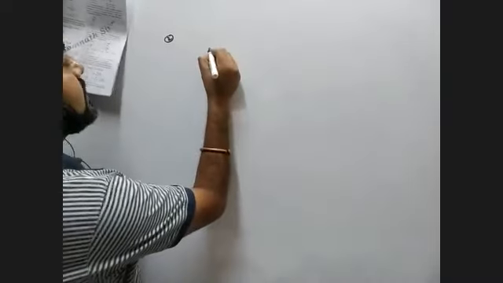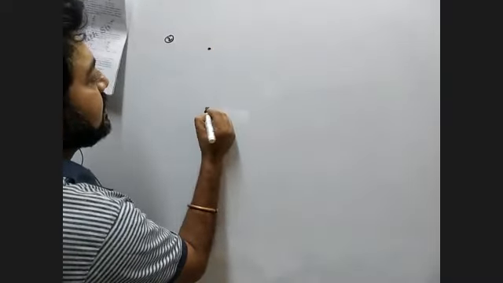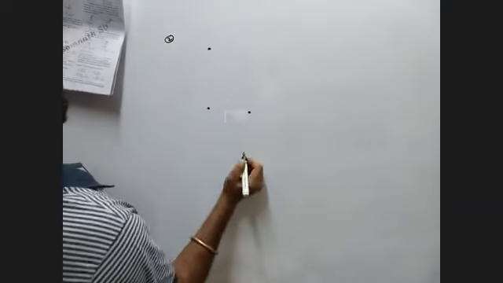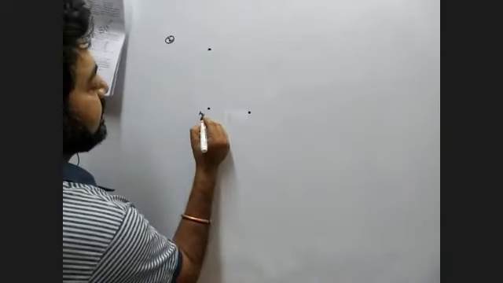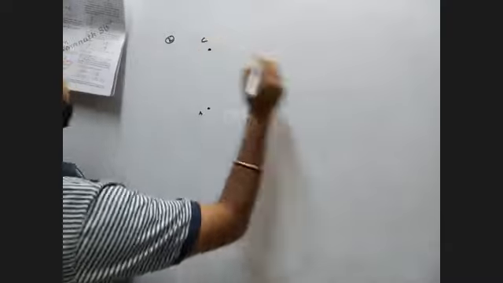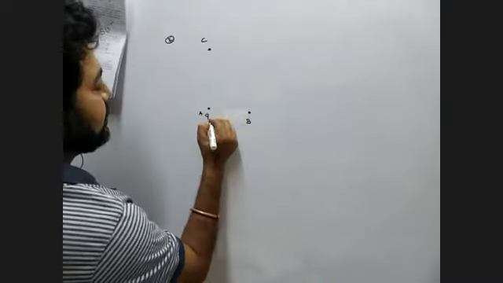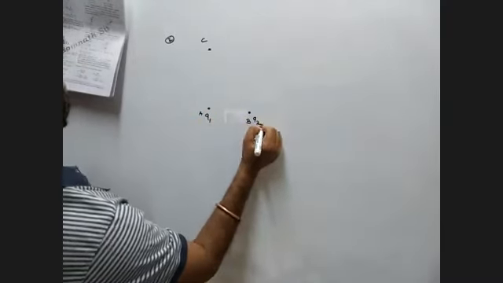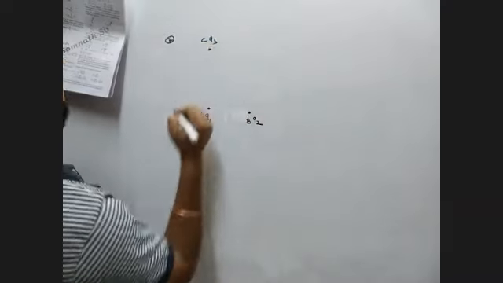Question number 2. See, the question is given. This one is one charged particle, this one is one charged particle, this one is one charged particle: A, B, and C. This one is Q1, this one is Q2, this one is Q3.